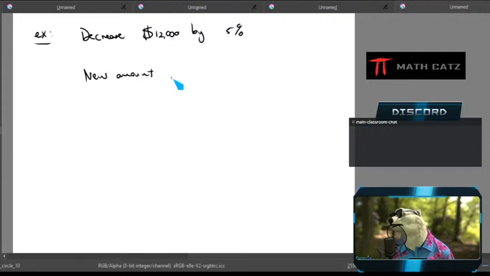But just be aware of that. I don't want that to be misread in a test. My new amount is some adjustment of 12,000. Notice how I do a multiplication sign when I say the word of? That's not going to change.